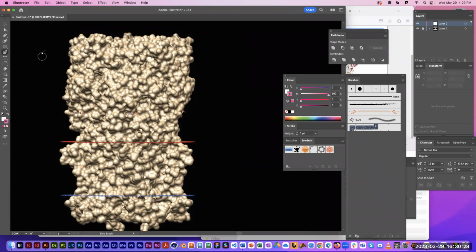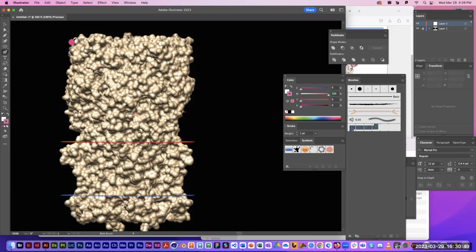If I wanted to get something closer to the size of these little balls that you see here, I can reduce the size of that circle just using the bracket keys on the keyboard. So left bracket makes it smaller, right bracket makes it bigger.